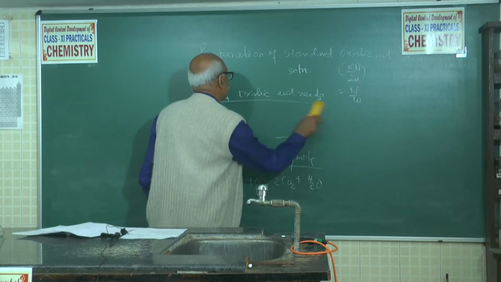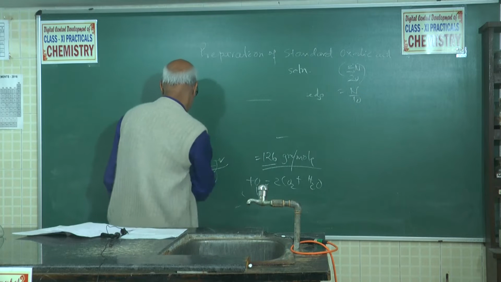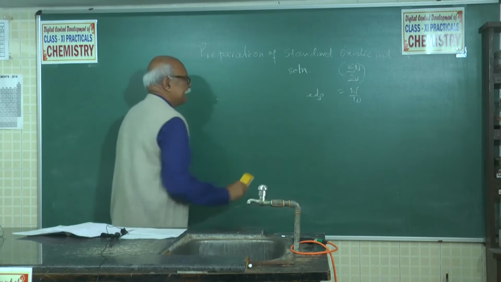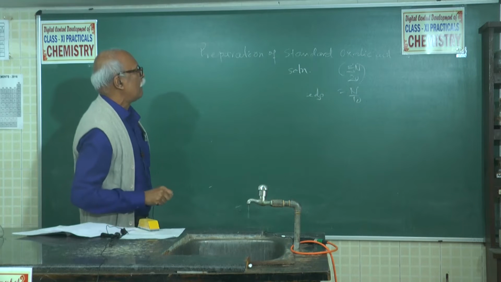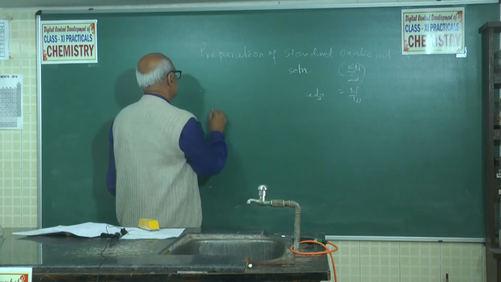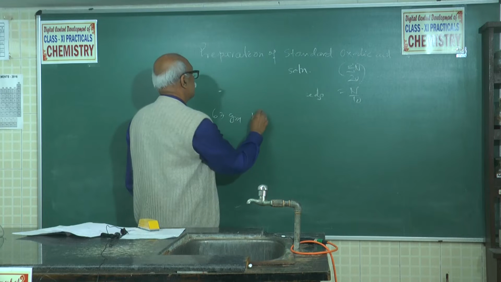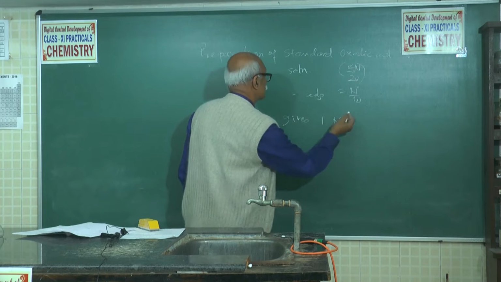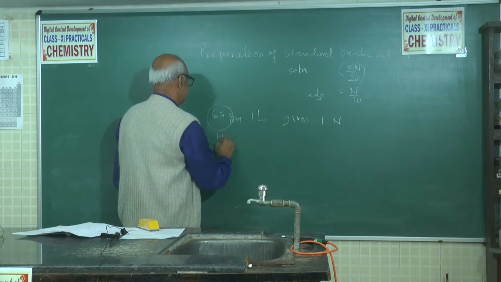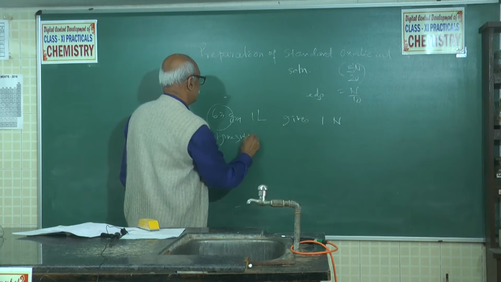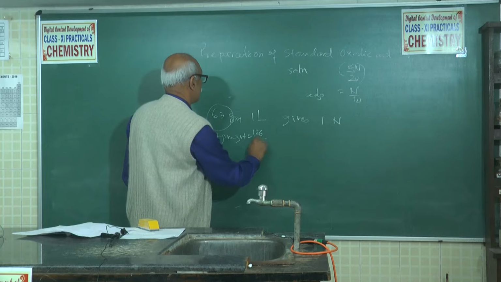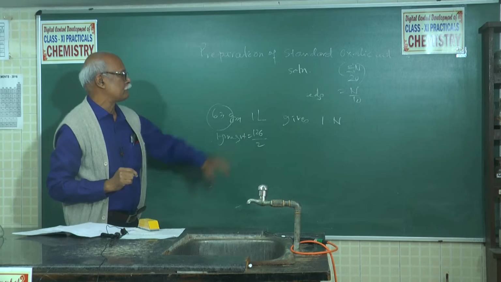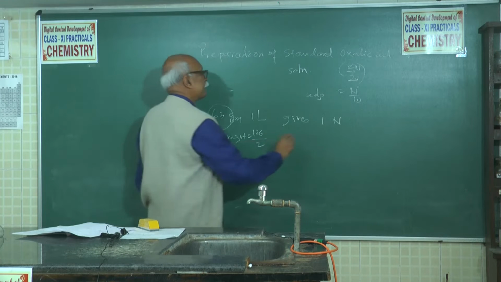So N by 10, because 1 mole is equal to 2 gram equivalent. Let us say you have to prepare an N by 10 solution of oxalic acid. 63 gram in 1 liter gives a 1 normal solution because this is the equivalent weight. 1 gram equivalent is equal to 126 by 2, that is 63 grams in 1 liter. We have to prepare a decinormal solution.